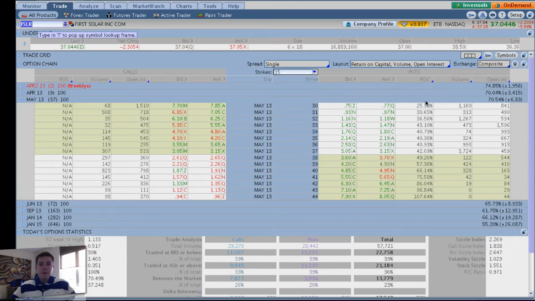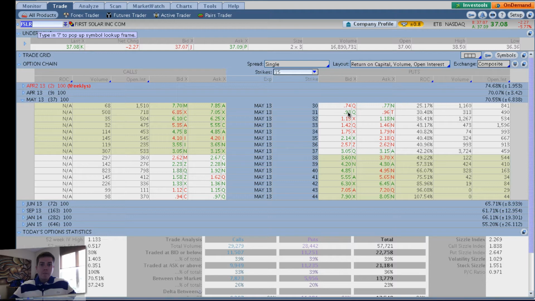So we wanted to look at the strike that is closest to that 27.75 number, but not below it. In this case, 30 is below it, so we don't want to use 30. 31 is closest, but not below it. So we're at 30.65 return on capital, roughly 0.8% daily return on capital if you were to hold until expiration.